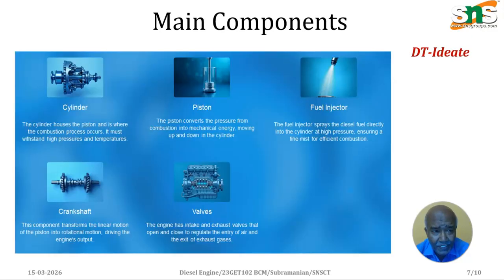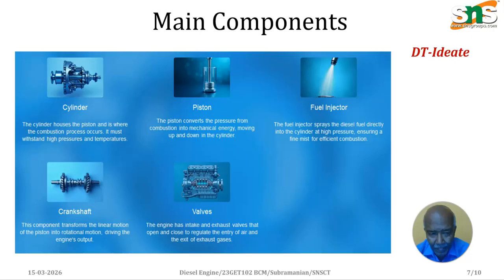The main components of diesel engines are the cylinder, piston, fuel injector, crankshaft and valves. The cylinder houses the piston, and the combustion process occurs there. The piston converts the pressure from the combustion into mechanical energy, moving up and down. The fuel injector injects the fuel directly into the cylinder at high pressure.